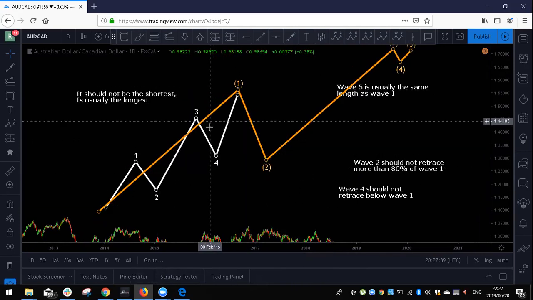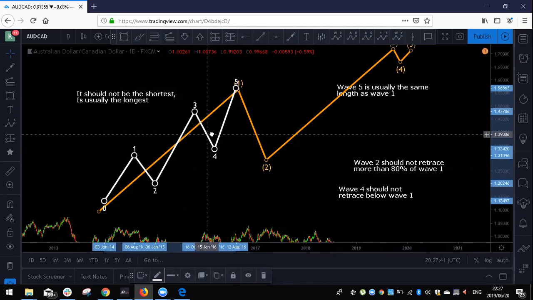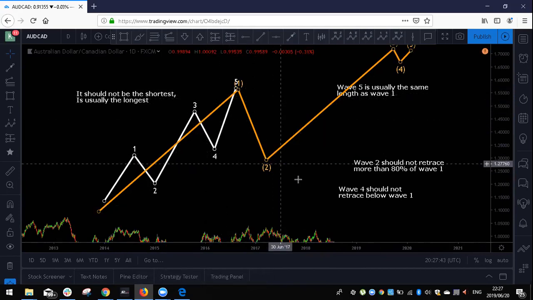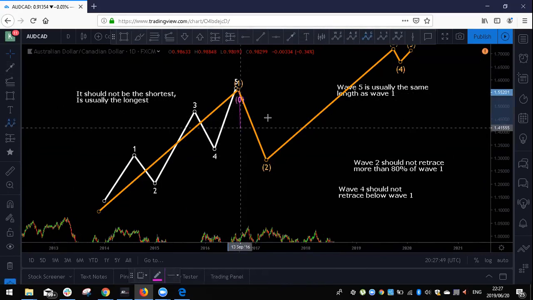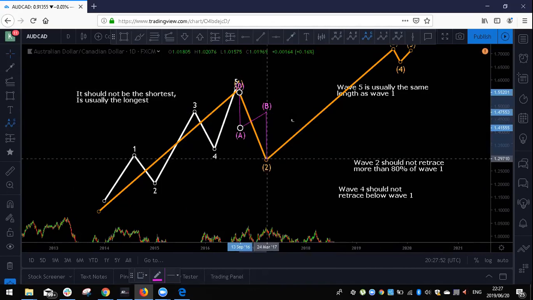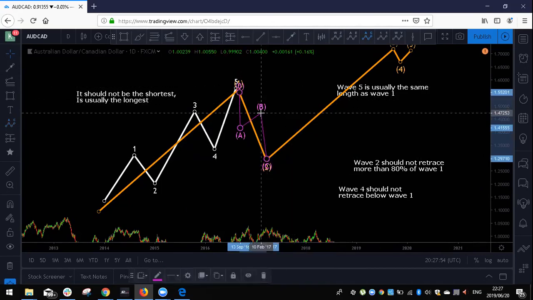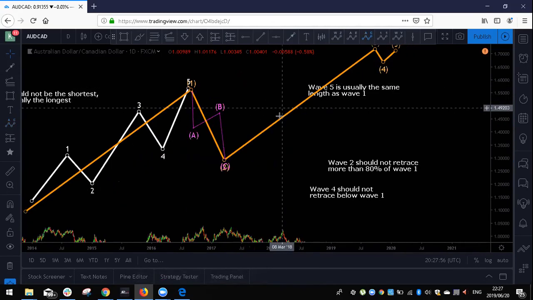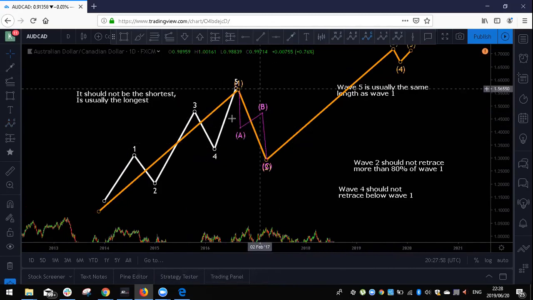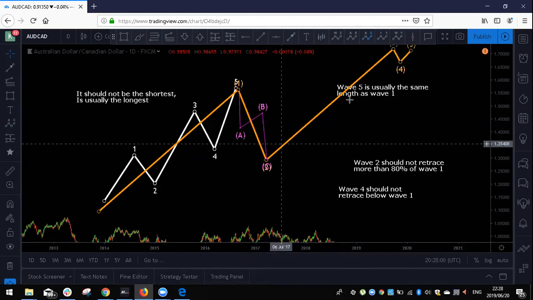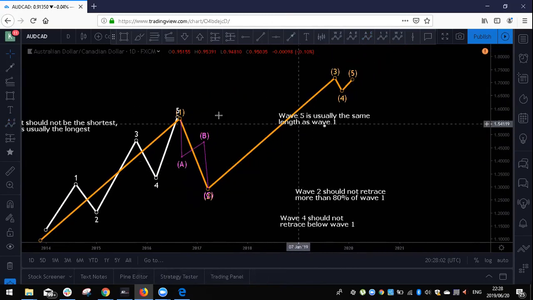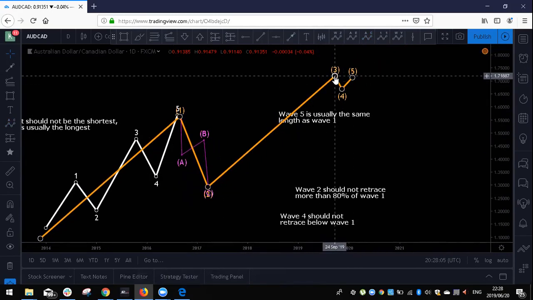So wave 1, since it's a motive wave, is going to have a structure like that. Then wave 2 is a corrective wave, so it's most likely going to take any of those corrective structures that we've discussed. It can take a zigzag, a flat, a triangle, anything. Then wave 3 is a motive wave, so it's going to have 5 waves.